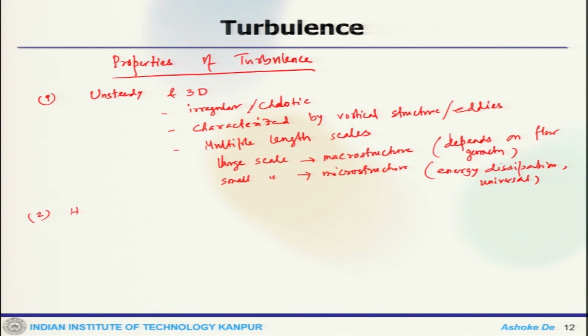Second, it is a high Reynolds number flow, where large scale structure is independent of Re, which is called scale similarity.